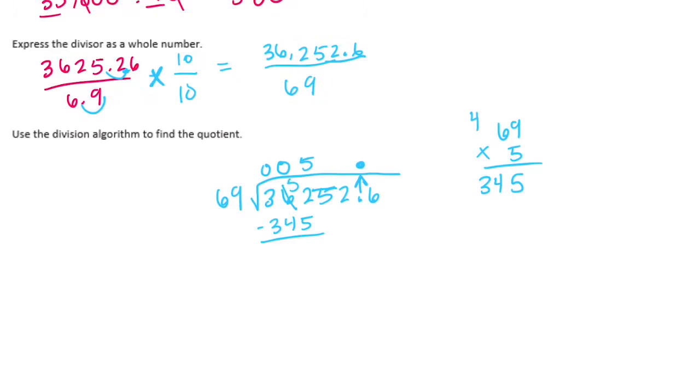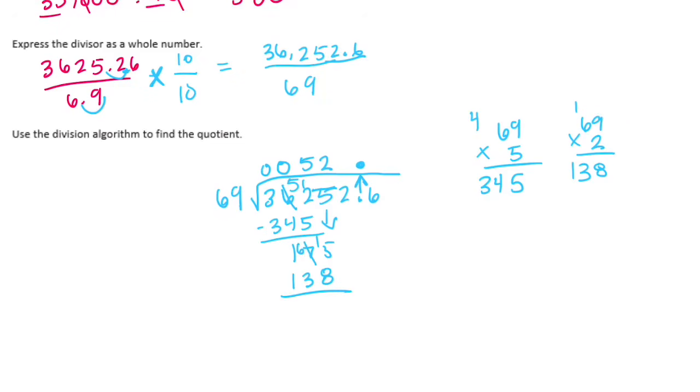Okay, gotta borrow. 12 minus 5 is 7, 5 minus 4 is 1. Bring down the 5. How many times can 69 go into 175? Probably twice. Yeah, another one would be too big. So 138.